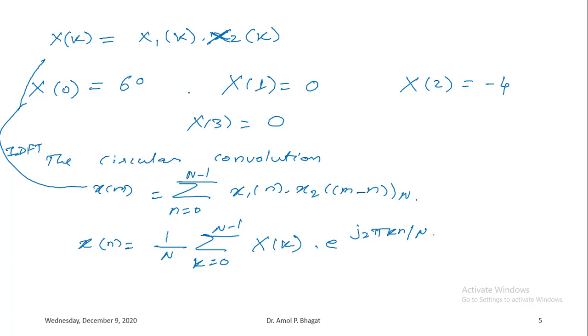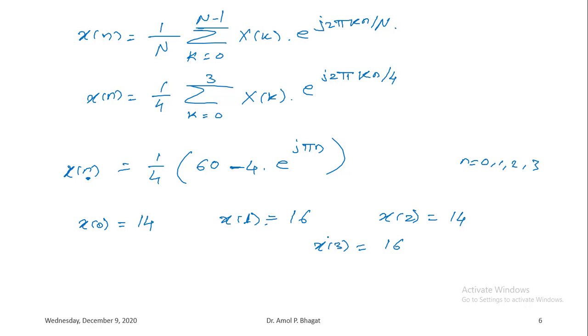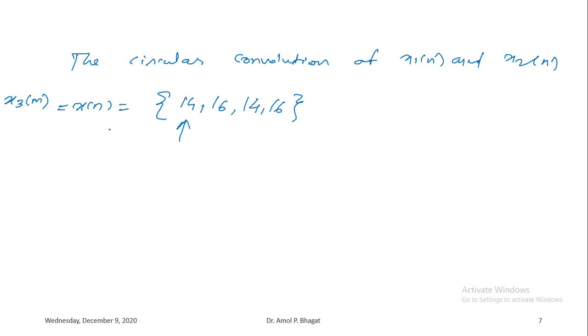And to get it in the time domain you have to take the inverse DFT. Once you take the inverse DFT, we have these samples, which have been identified here. So this is the process of identifying the circular convolution using DFT.